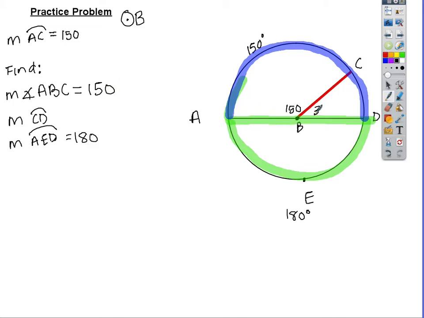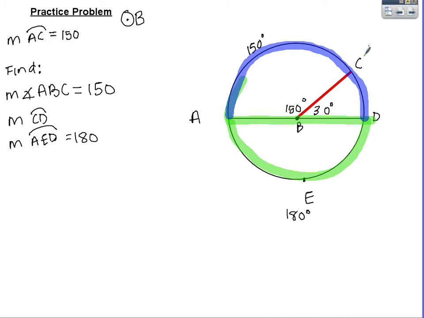That means this angle here would have to be 30, and its corresponding arc would also be 30 degrees. So I knew that the central angle and the corresponding arc are congruent, and that semicircles are 180 degrees, so I used that to figure out the missing arcs and angles. Let's do another problem.